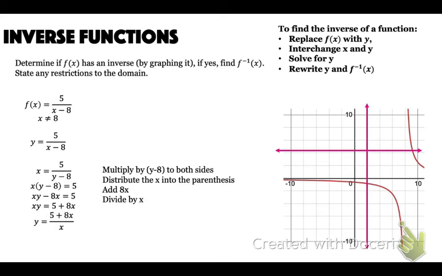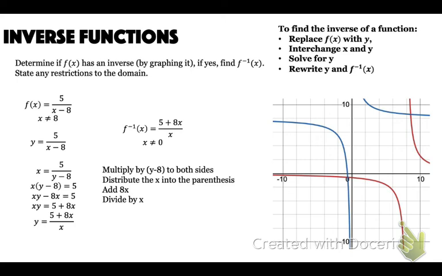So I have f inverse equals 5 plus 8x over x. And this time my domain is restricted, so x can't equal 0, my bad. Okay? And that graph looks like that, which looks a little weird to see, but if we put that line in, it's easy to tell that if you fold over that line, they're going to go right on top of each other.